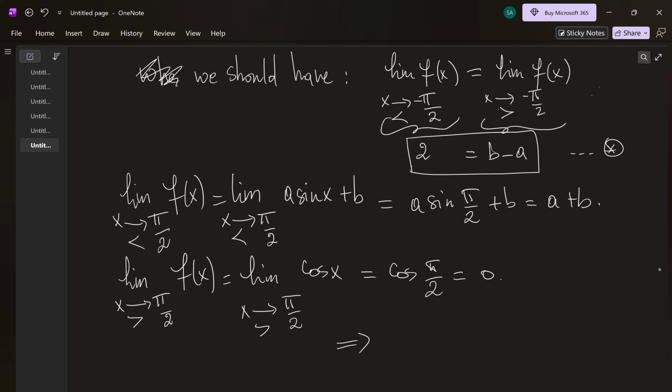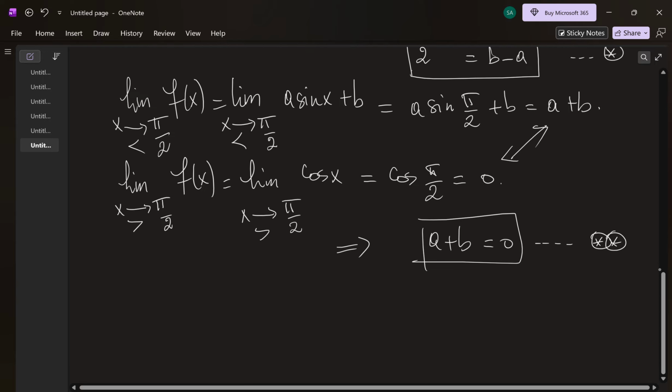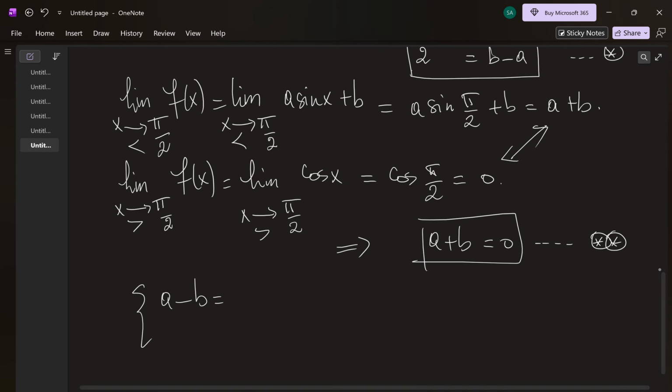So this implies that these two values should be equal. So a plus b is equal to 0. And this is the second equation. So we have a system of two equations: minus a plus b is equal to 2, and a plus b is equal to 0.